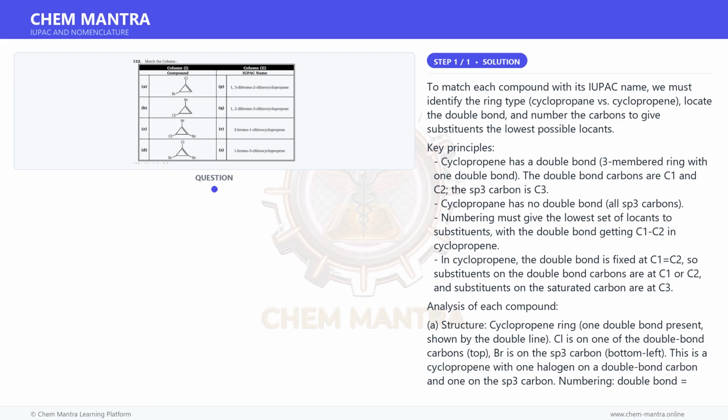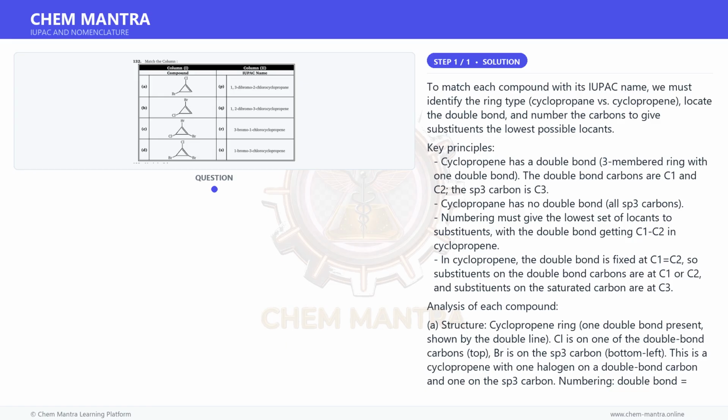Analysis of each compound. A. Structure, cyclopropene ring, one double bond present, shown by the double line. Cl is on one of the double bond carbons, top, Br is on the sp3 carbon, bottom left. This is a cyclopropene with one halogen on a double bond carbon and one on the sp3 carbon.